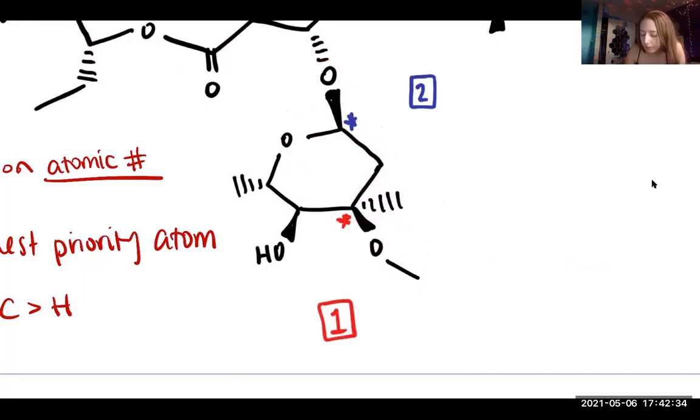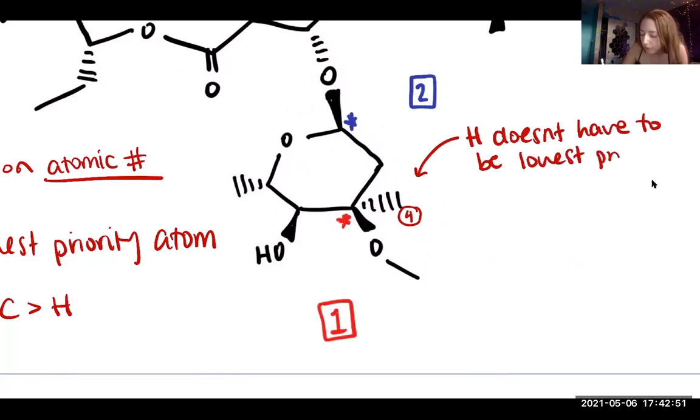Another thing to consider here, we have a methyl group, and I'm going to tell you right now, that is our lowest priority group. I want to highlight hydrogen doesn't have to be the lowest priority group.